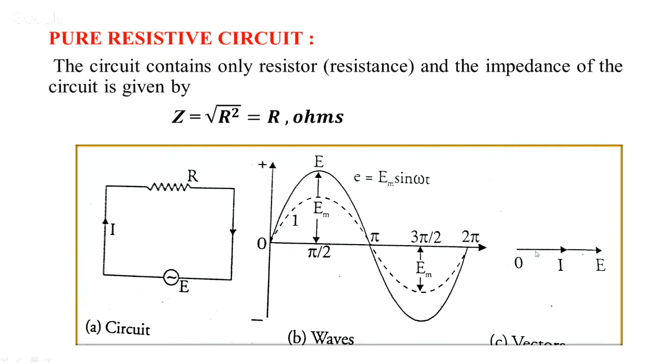So when we represent in terms of vectors, you can see that the current is overlapping the voltage vector. That means there is no phase angle difference between the two alternating quantities. Now this is a characteristic of a pure resistive circuit.